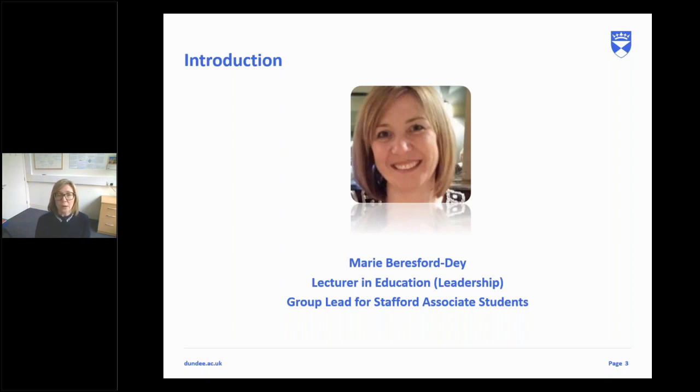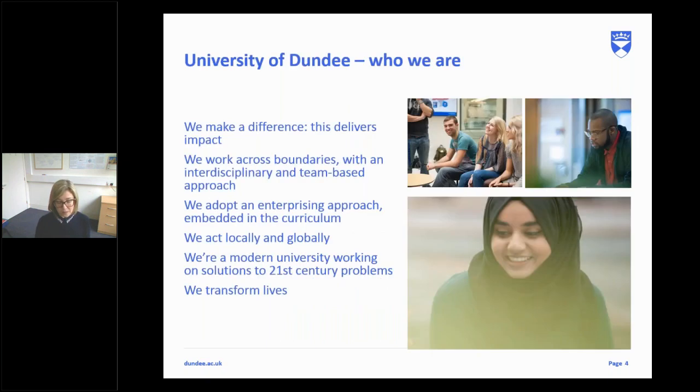Okay, so who are we here at the University of Dundee? We like to make a difference as a university to the here and now and in the real world. We do this by making sure that we use and develop up-to-date research, thinking about interdisciplinary approaches and what that means for teams that not only are you working with, but we're also working with.